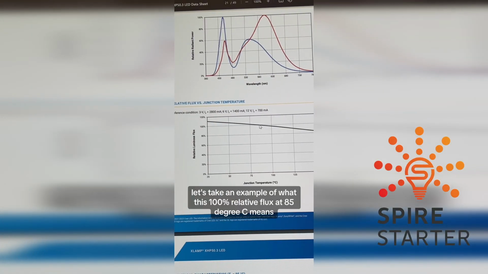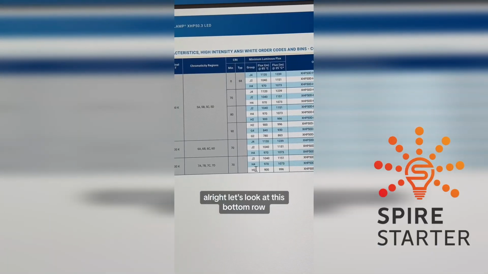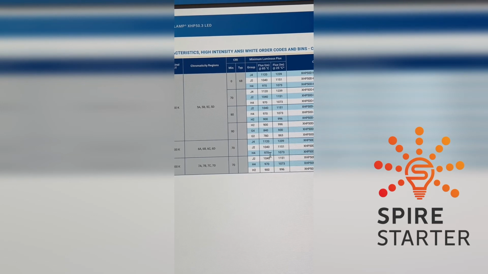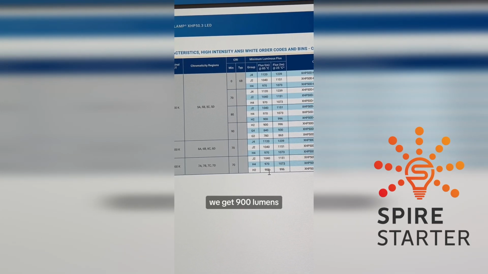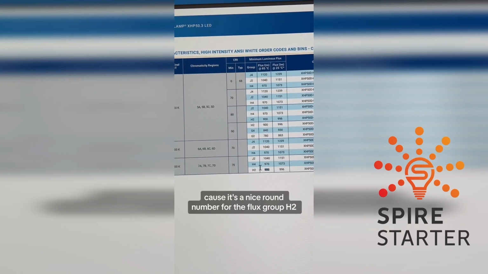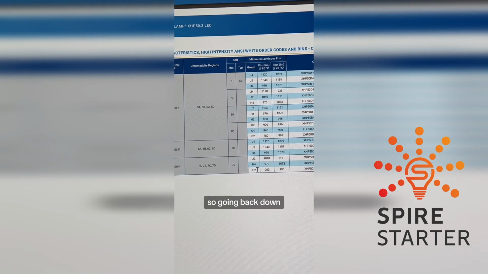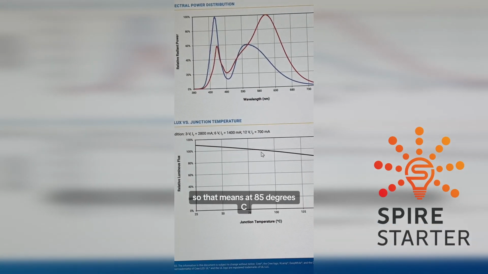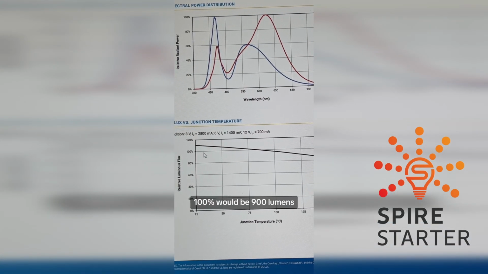So to make sense of this, let's take an example of what this 100% relative flux at 85 degrees C means. Let's scroll up. All right, let's look at this bottom row, where at 85 degrees C, we get 900 lumens, because it's a nice round number, for the flux group H2. So, going back down, that means at 85 degrees C, 100% would be 900 lumens.